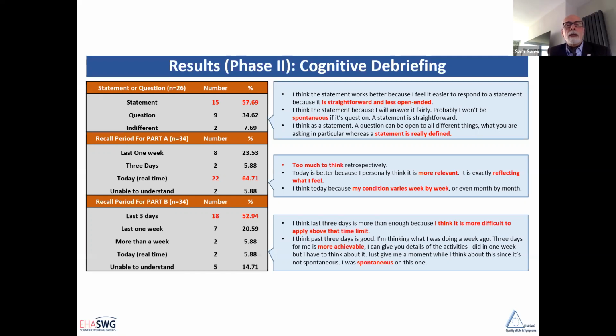In terms of part A, we asked them whether they would want the recall period to be present, today, rather than the last 3 days or last week. The majority preferred today, at present. And for the items in part B, the symptoms, they preferred the last 3 days.